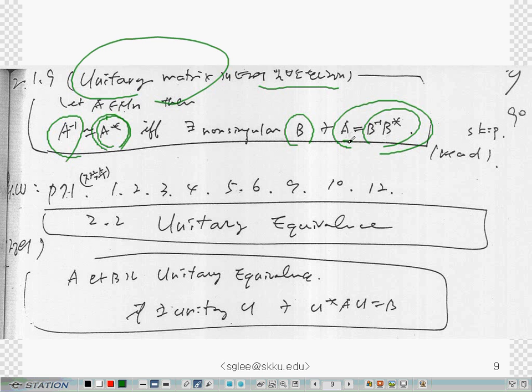That means A can be factorized like this. There is a detailed proof of this in the notes, so you can read it.